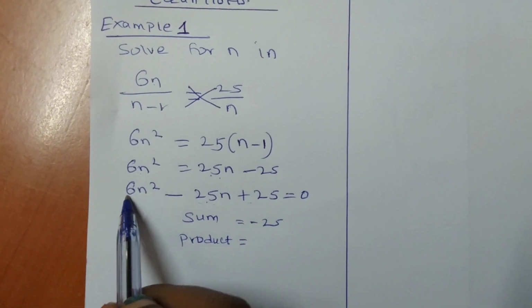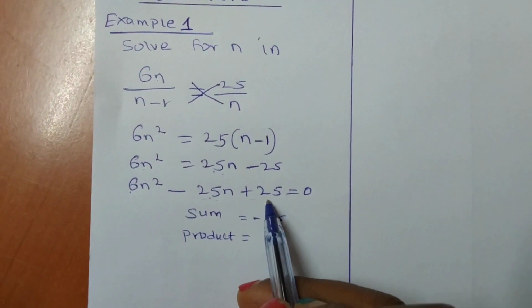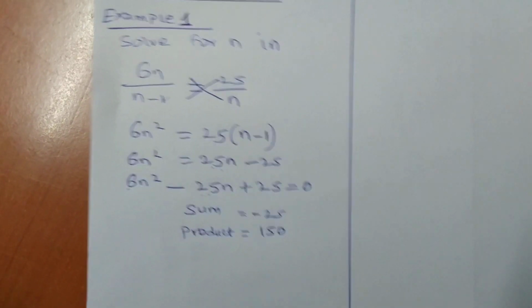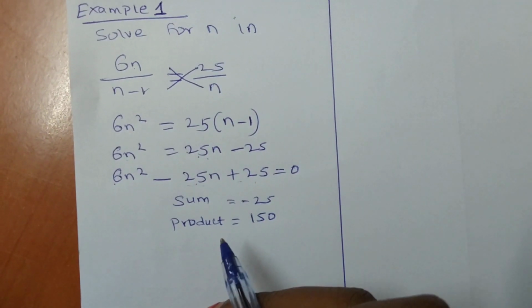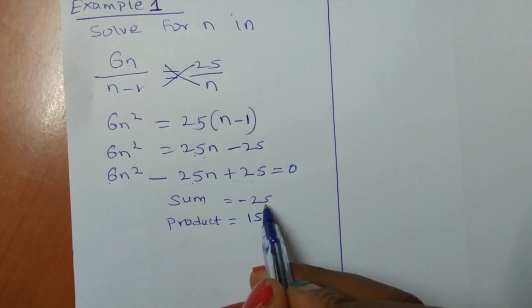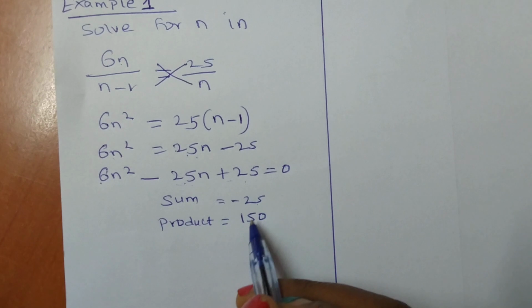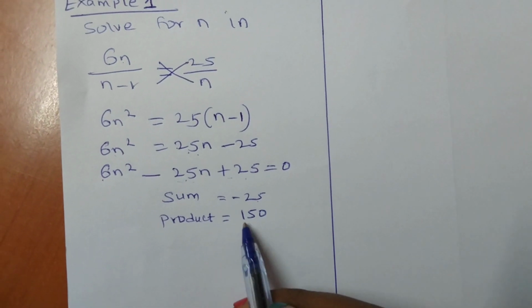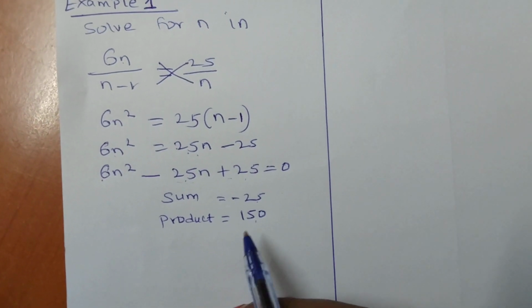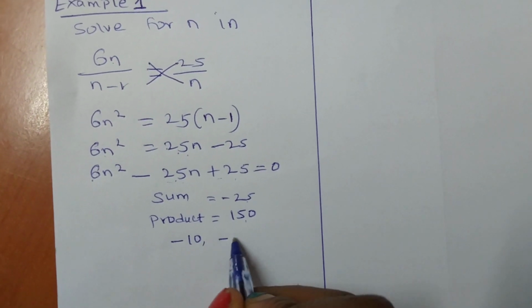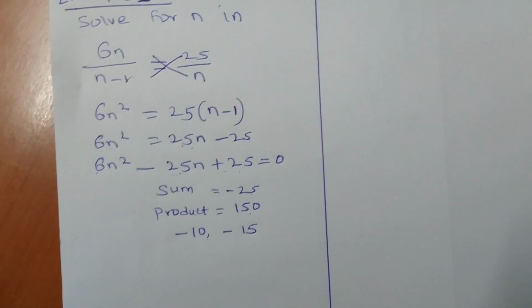Product is the first value multiplied by the last value, and that will give us positive 150. From this part, we ask ourselves, which two values will we have that when we add them we get negative 25, and when we multiply them we get positive 150, and those values are negative 10 and negative 15.